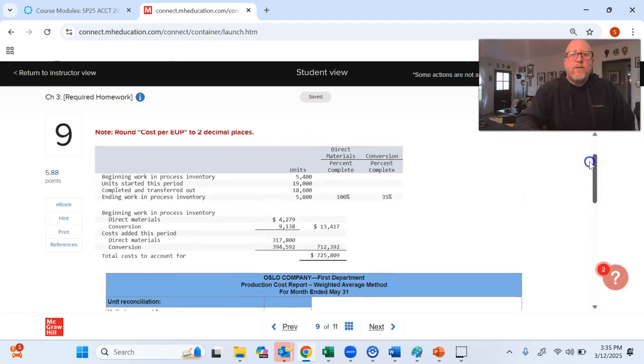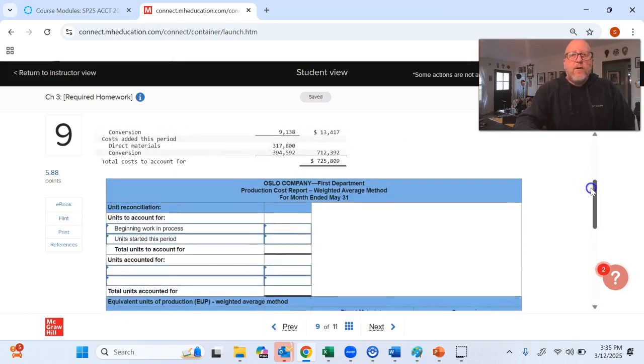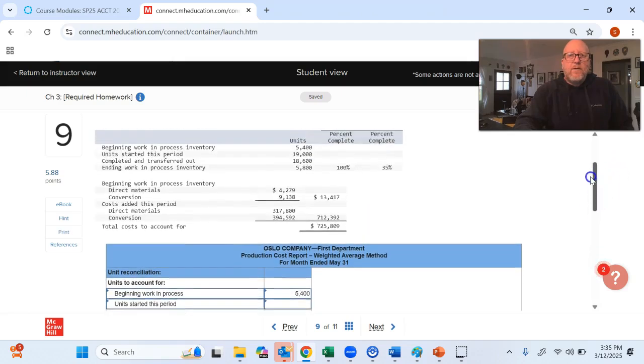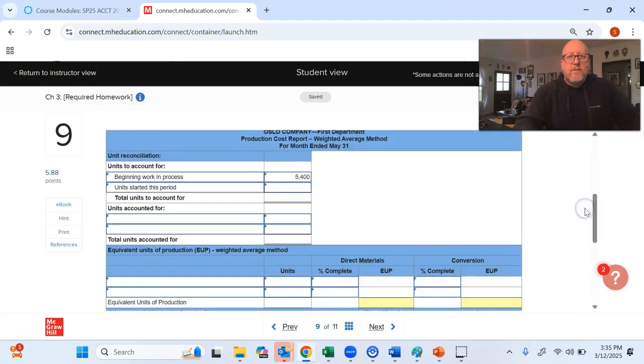The beginning work in process was 5,400. And the number of units that we started during the period is 19,000.